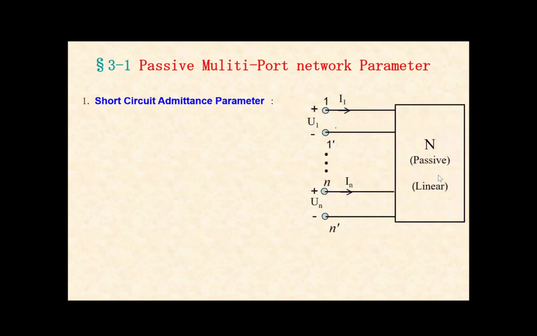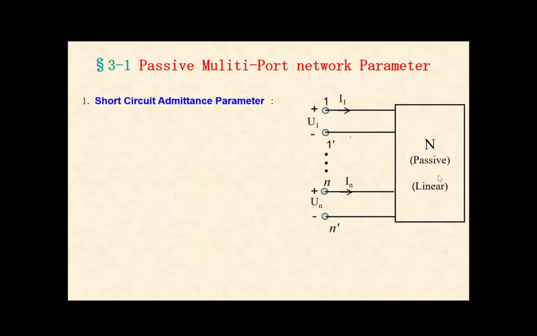Okay, we'll discuss the passive multiport network parameters. We discuss passive at first, and then we discuss active later. We discuss short circuit, which means the Y parameter, at first.